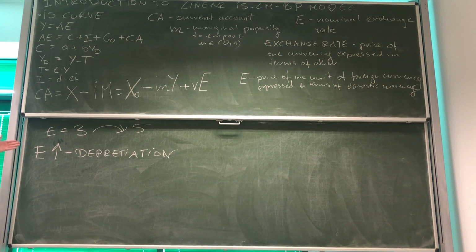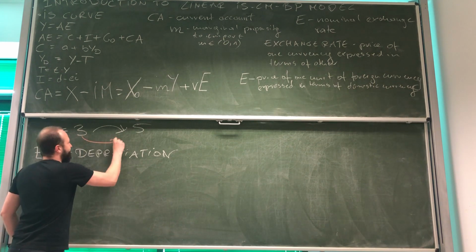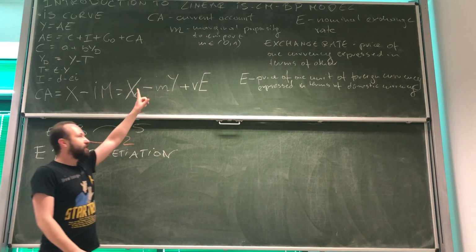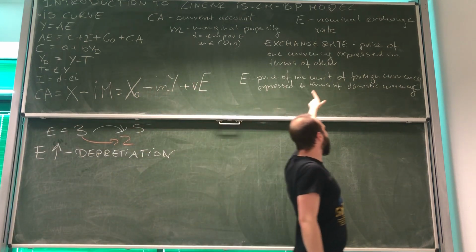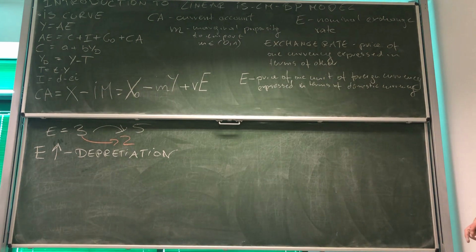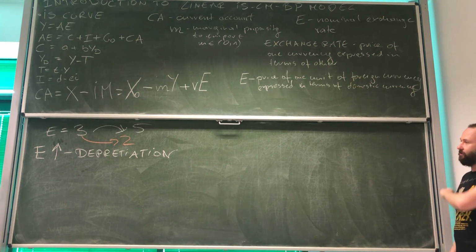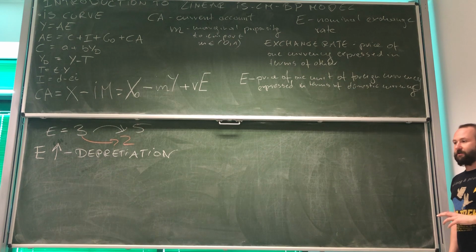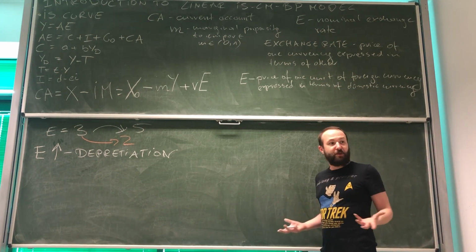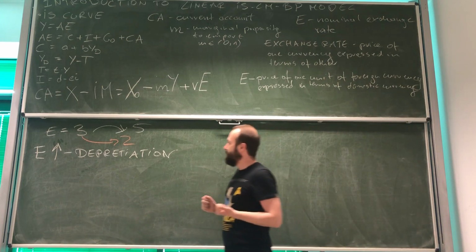Okay, and look, we can go in a different direction. What if the exchange rate drops to 2? It means now that in order to buy 1 unit of foreign currency, I need to pay just 2 units of our currency, which means that our currency became stronger.